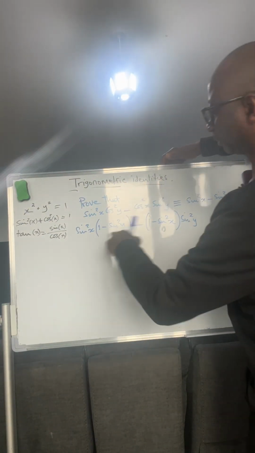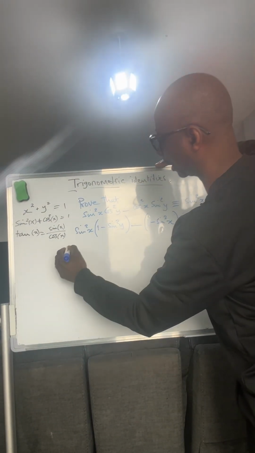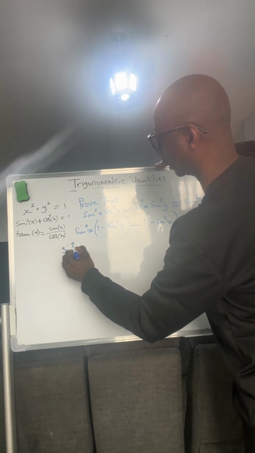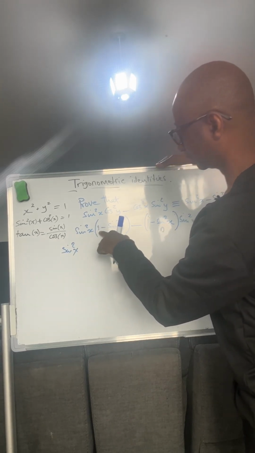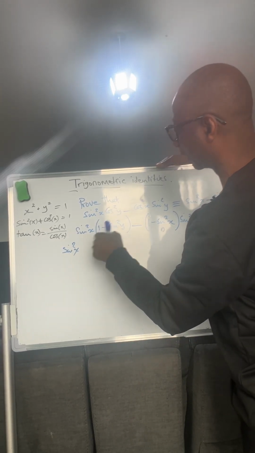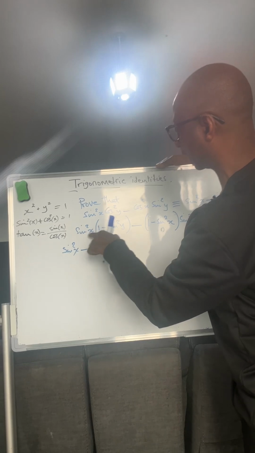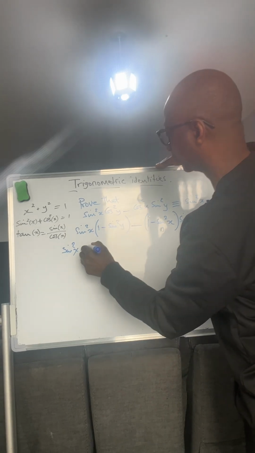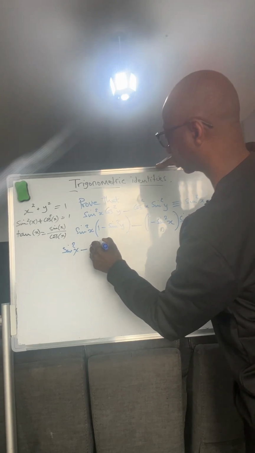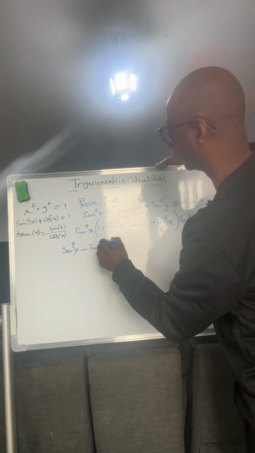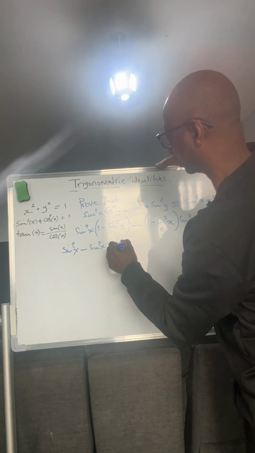So we multiply everything. So now you will have sine squared x times 1 is just sine squared x, minus sine squared x times sine squared y. So you're going to have sine squared x multiplied by sine squared y.